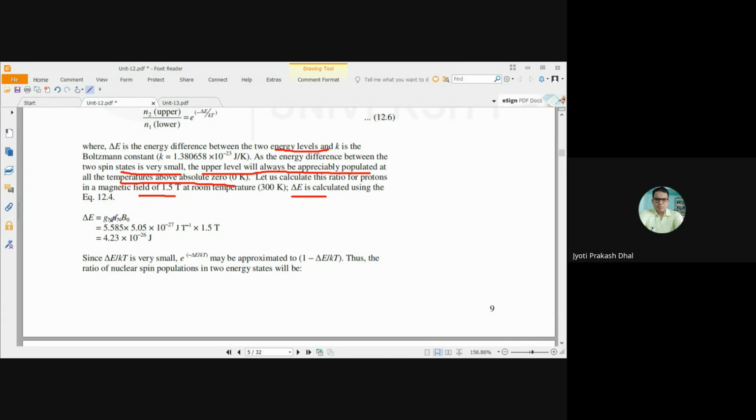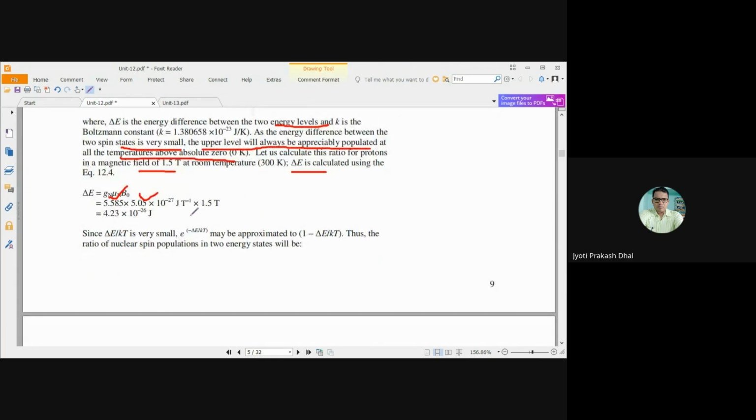For proton, the value of Gn is 5.585 and mu n is 5.05 into 10 to the power minus 27 joule per Tesla, and the applied magnetic field B naught is 1.5 Tesla.